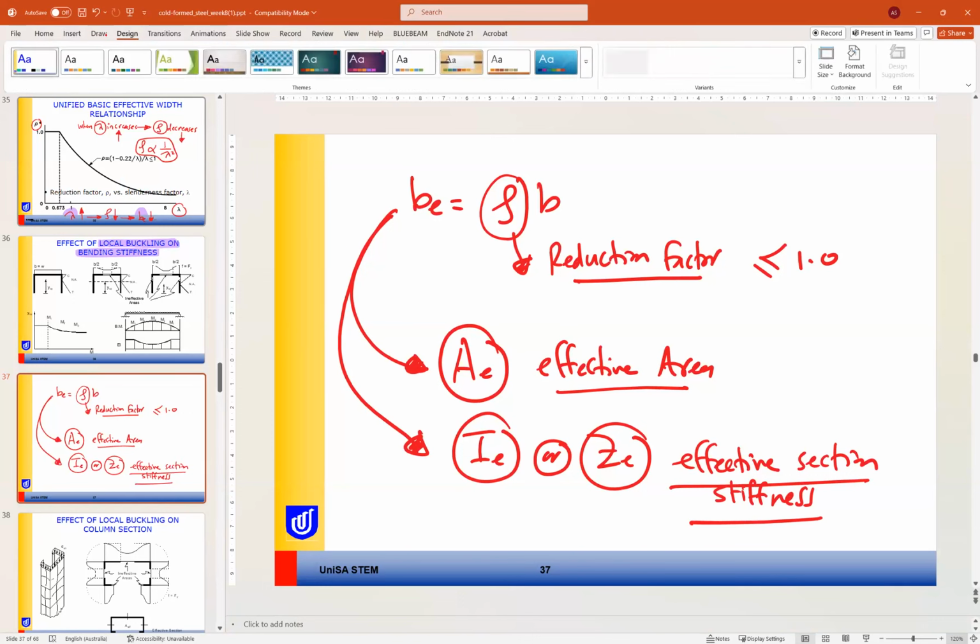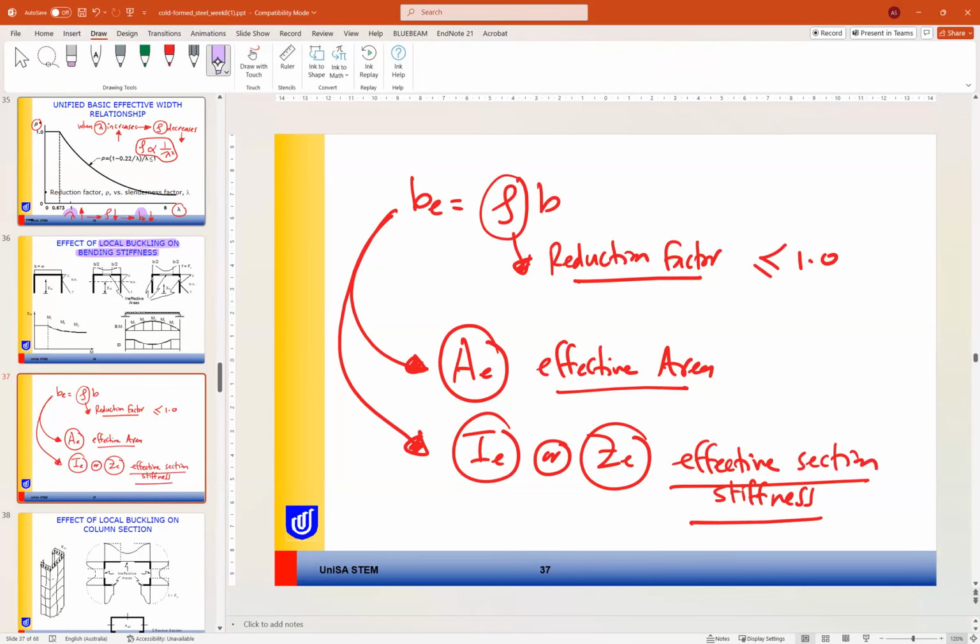Have you seen Z effective before, guys? In hot rolled steel, we also need to find Z effective, which is the effective section based on the section being compact, non-compact or slender.